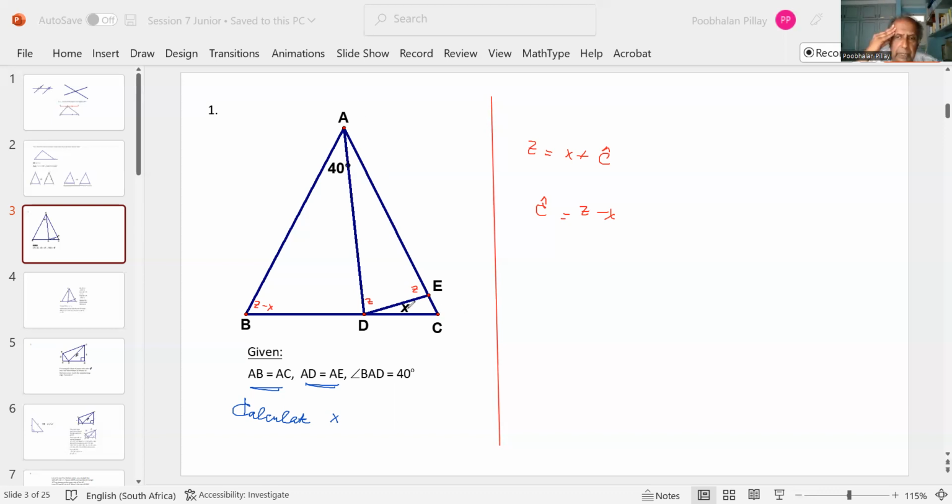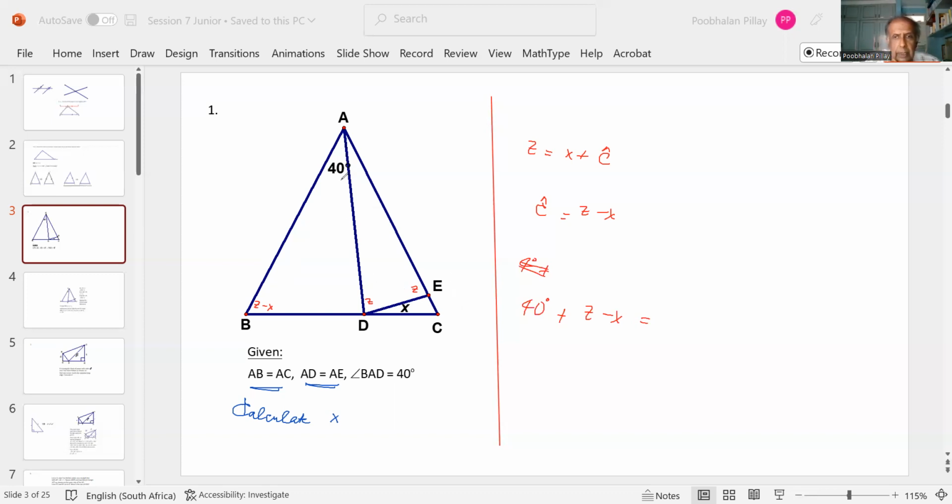See, if you start from C, go up there and come down there. This flag includes the 40 degrees. So that's nice. You can go up, come down, come down. So this corner angle, which is 40 degrees, plus the other angle in the flag is Z minus X. And that is equal to the exterior angle.